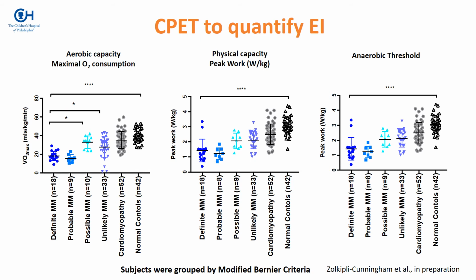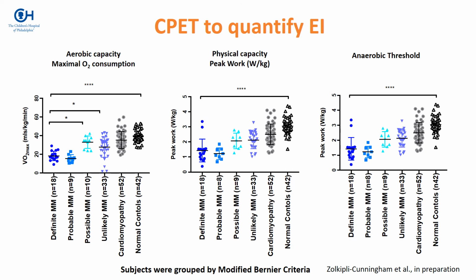So what we did is we compared a cohort of individuals with mitochondrial myopathy to historic controls or normal controls that have been seen in the cardiology lab here at CHOP, as well as those with treated cardiomyopathy, meaning patients with cardiomyopathy from other genetic causes which are non-mitochondrial disease, and they're being managed.